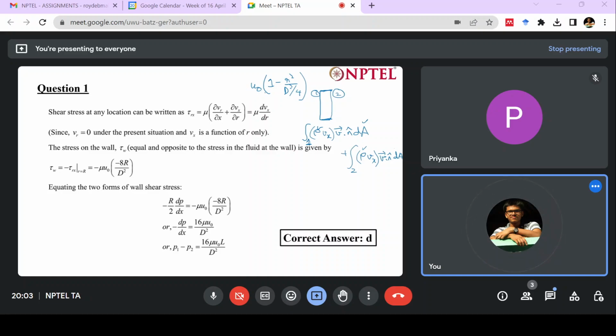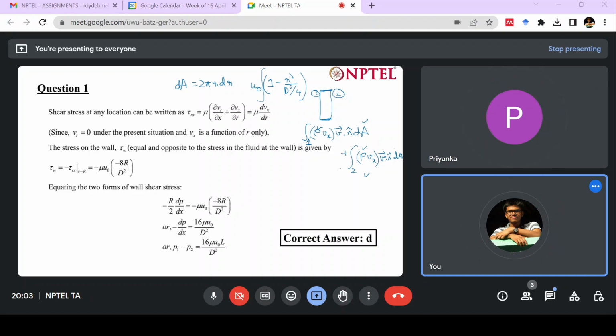The rest will get integrated upon, where I write dA as 2 pi r dr, and then integrate over r, correct? So this integration for both 1 and 2 is the same. There is no difference in this.